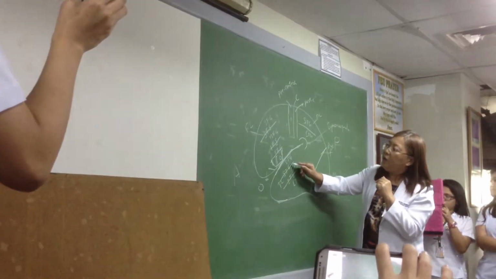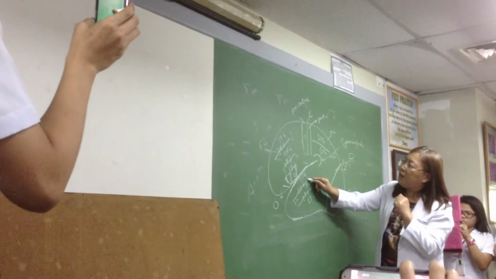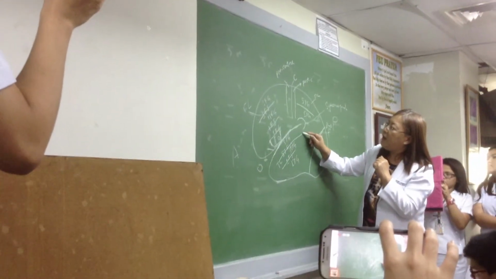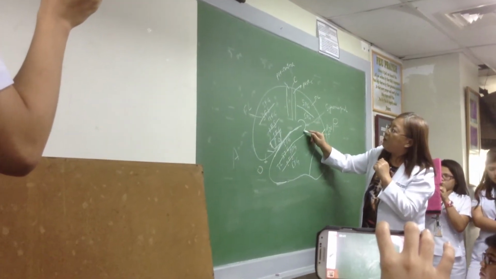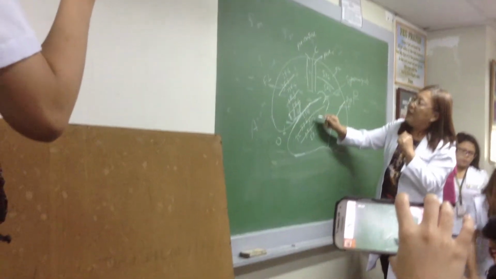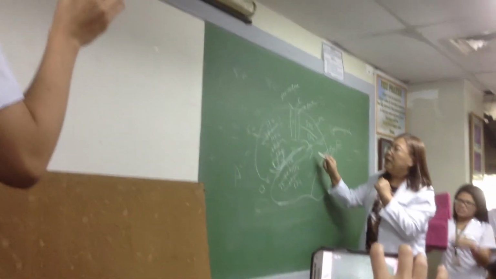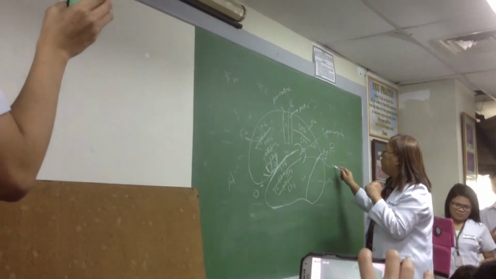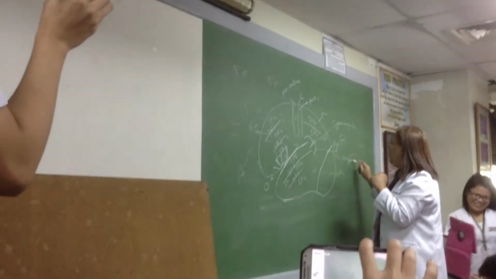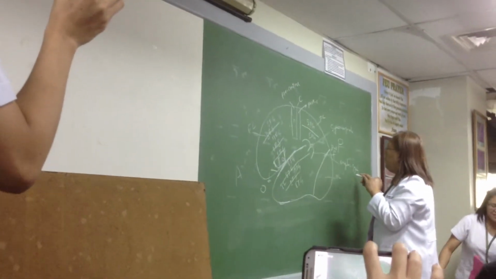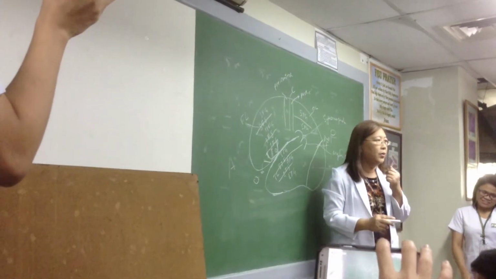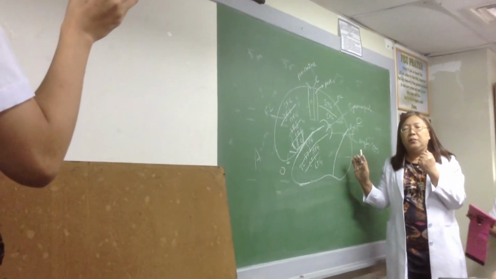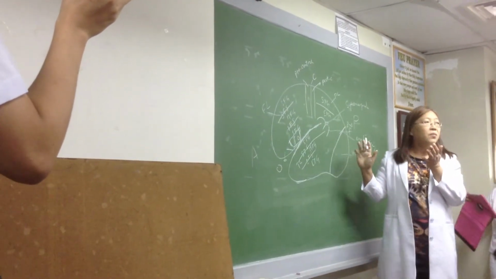If you follow your superior temporal sulcus behind, merong kadikit niyan, sundan nyo yan. This is now your angular gyrus.